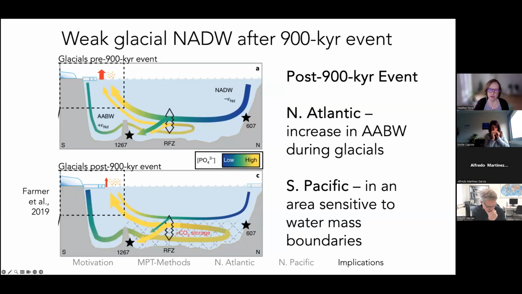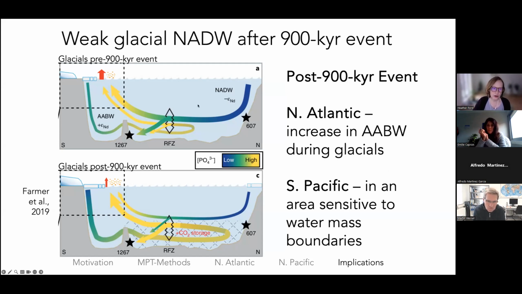So one of the things that these records are telling us is that there was some change in the character of the water that was going over these areas that's related to regional change. But one of the other ideas that has been proposed is that you had a really big change in deep ocean circulation at this time.